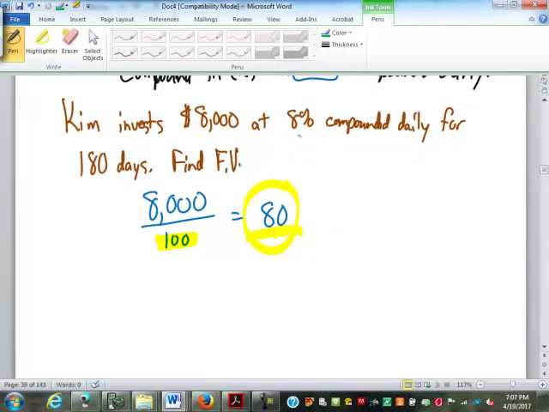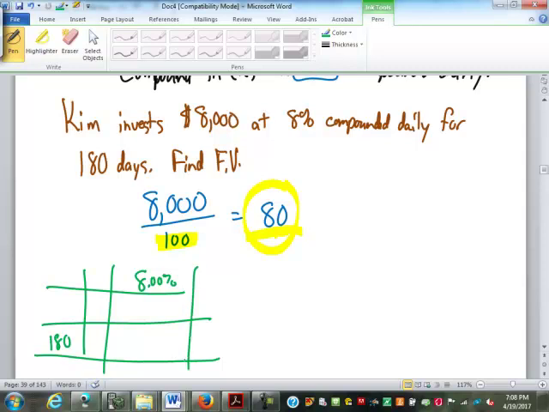Now in the table, we find the 8% on top and the 180 days on the side, and we get a factor of 4.023613.